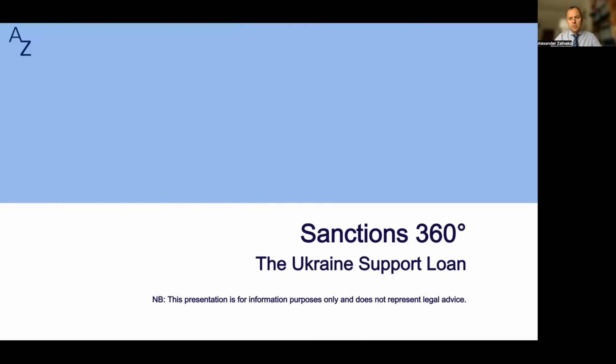And the reason why we're looking into this instrument within our series Sanctions 360 is that arguably this type of financial aid is just another form of sanctions. It's inherently linked to Russian assets within the European Union and the overall EU policy towards Russia.